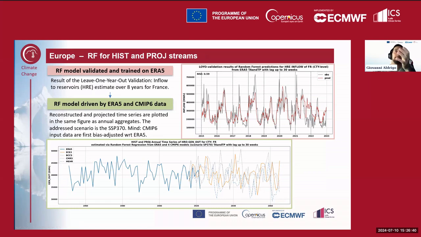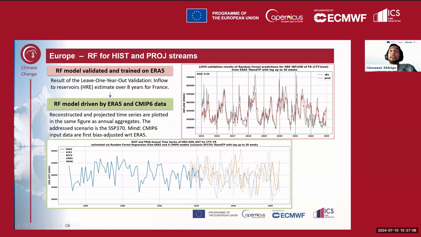So once the model is validated and trained on ERA5, as I said, it can be driven by different data sets. And here we have an example of an annually aggregated time series produced for, again, France, run-of-river this time. We have in blue the output of the model driven by the ERA5 data set.